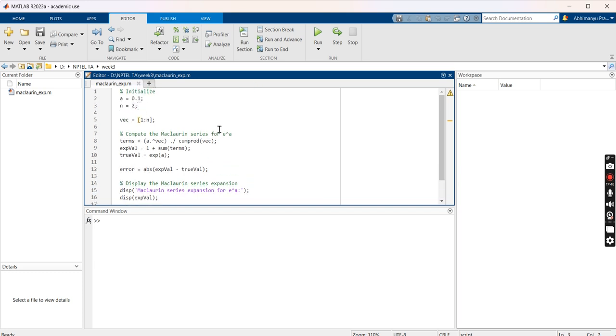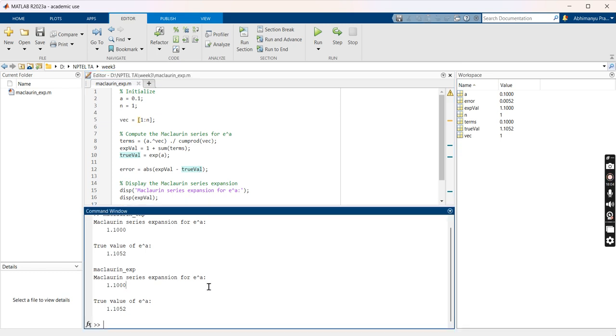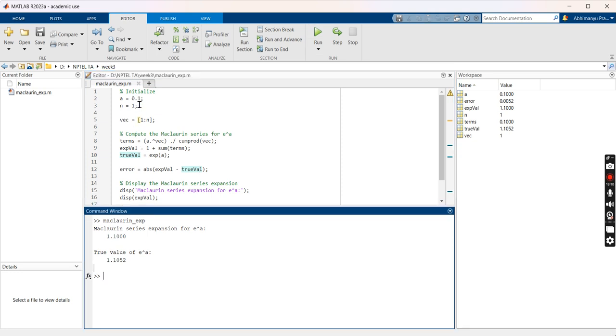So if I take only one term, only the first term of the Maclaurin series, I have 1 plus a. So I will be getting my approximate value as 1.1 and my true value is 1.1052.